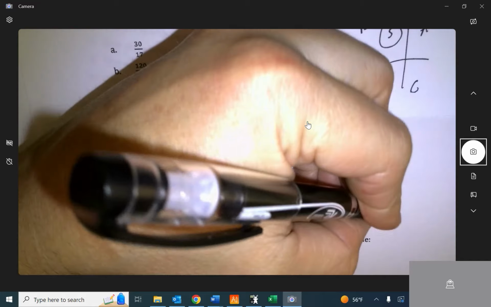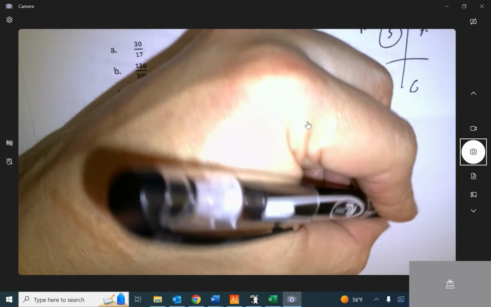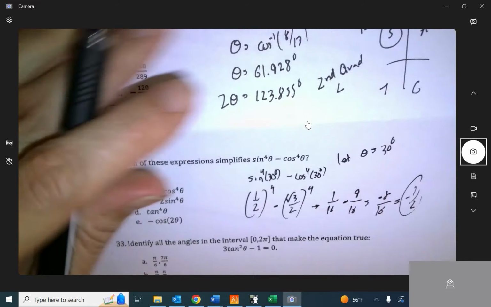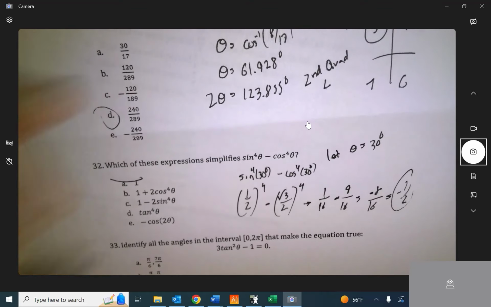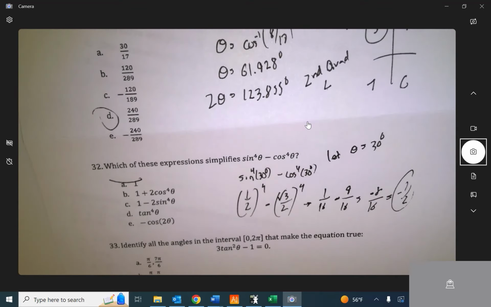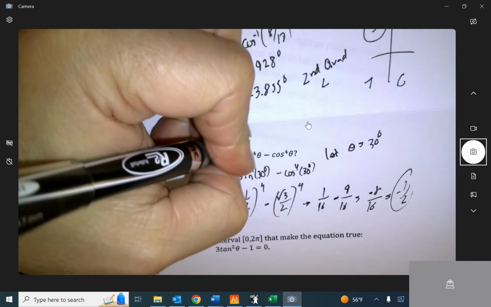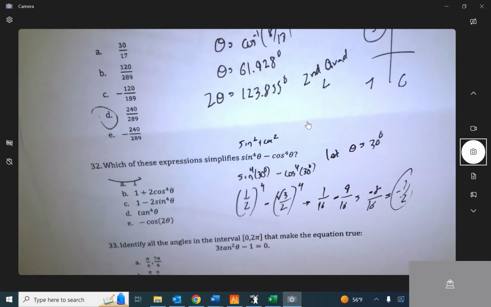And I'm left with negative 8/16, which is negative 1/2. Right? Seems right. Anyways, it's not A. They're hoping that on A somebody thinks sine squared plus cosine squared. It's not A.